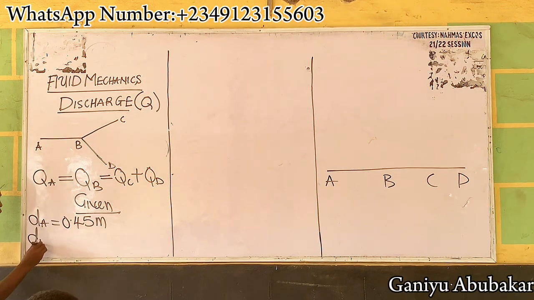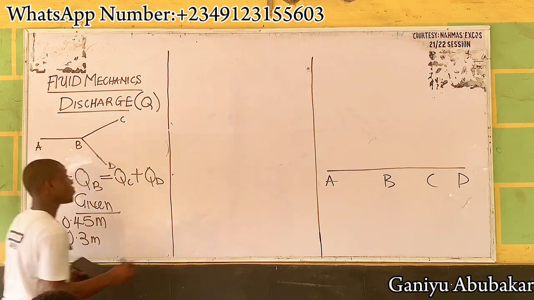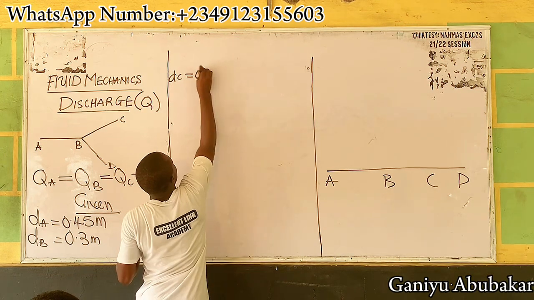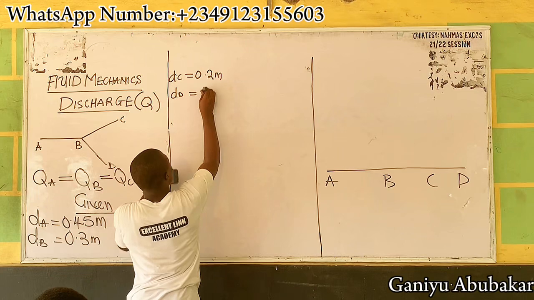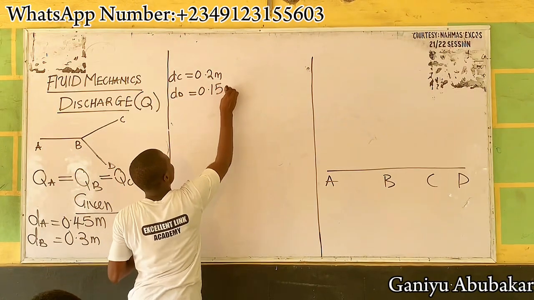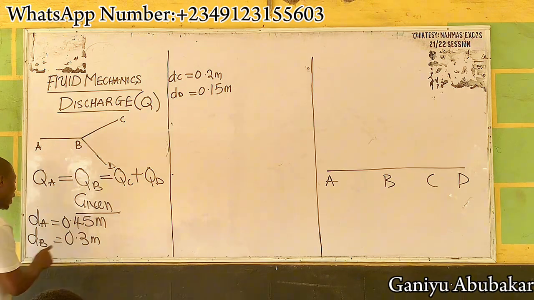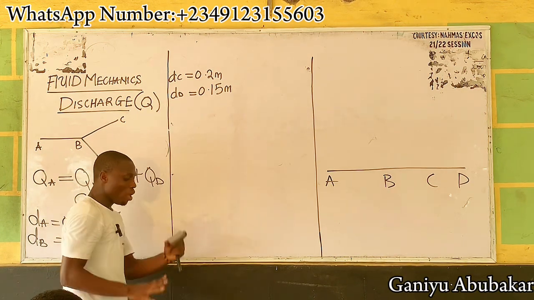At B is 0.3 meter. At C is 0.2 meters. At D is 0.15 meter. Look at the way I'm placing that parameter. Start with the diameter D, so DA, DB, DC and DD.